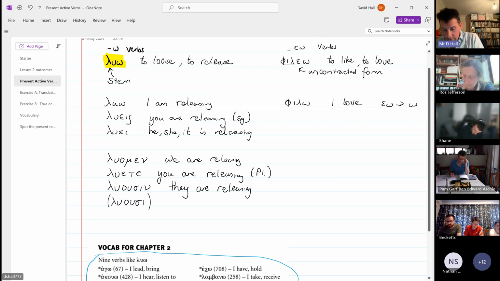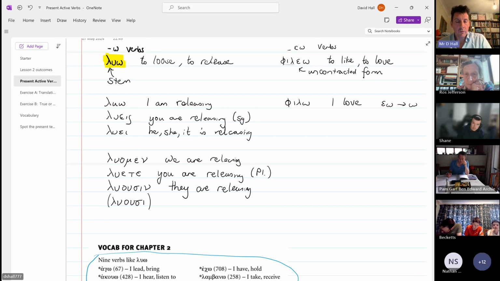I'll do that. That's supposed to be an arrow, by the way. Try and make a better arrow for you. Right, so the epsilon omega contracts into an omega. So when you come down to the next one, when you do you love singular, then we have phil. Now we have an epsilon, and then we're trying to add an epsilon with it.